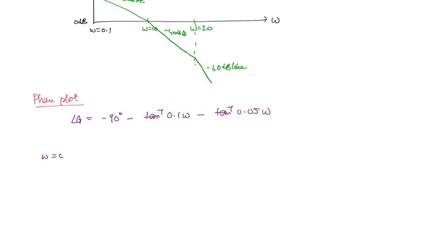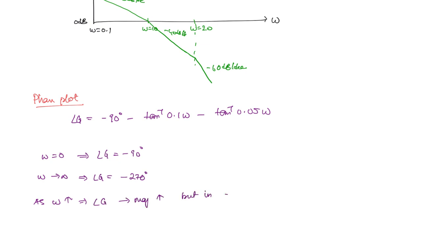Now when omega is equal to 0, then angle G is simply minus 90 degrees. When omega is tending to infinity, then angle G is equal to minus 270 degrees. And you can see that as omega increases, the magnitude of angle G will increase but in the negative sense.